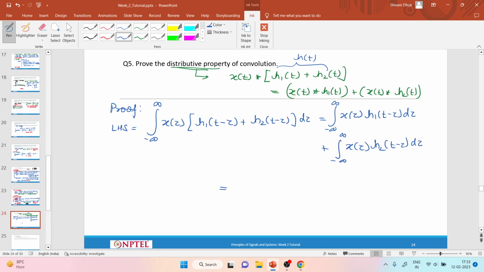Again, by definition of convolution, the first integral is x of t convolved with h1 of t, plus the second integration, that is x of t convolved with h2 of t, and this is the proof for your distributive property of convolution.